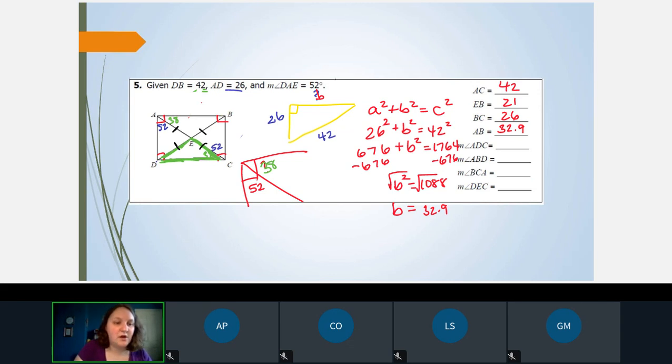So if I redraw this green triangle with these congruent parts and a 38-degree angle right here, what kind of triangle am I looking at? This green triangle, what am I looking at? What kind of triangle is my green triangle?